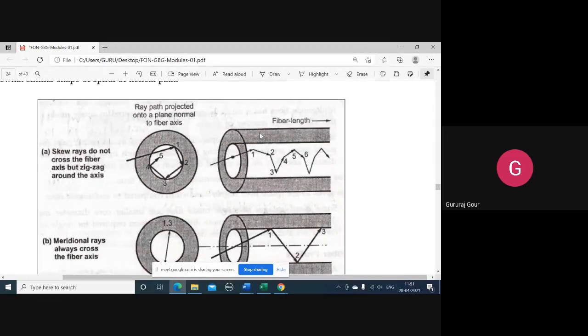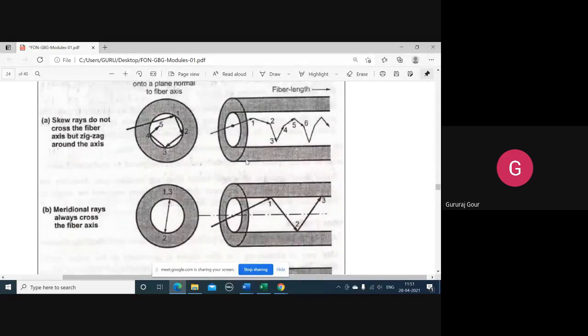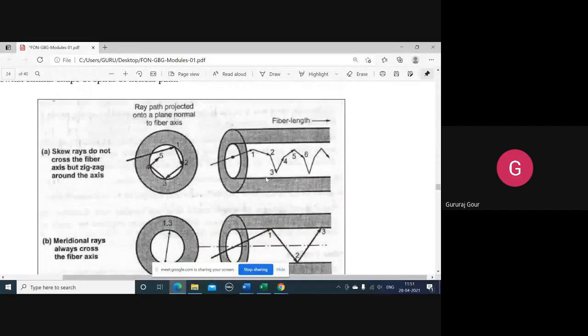This is the diagram which is showing the front view and side view of the optical fiber with core and cladding, along with showing neatly the path for the propagation of an optical ray. The front view, you can see here in the first figure, indicates a single ray entering at a particular point.